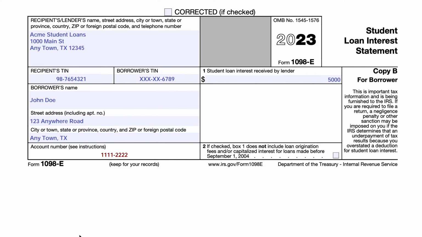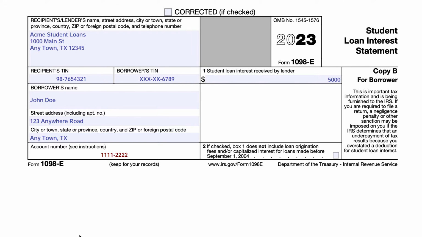The IRS has a specific definition of what a qualified student loan is, but if you obtained any kind of higher education from an accredited institution towards a degree program, a certificate, or to further your education in a broad sense, most of the time that's going to be qualified education. And then if you took out specifically a student loan to pay for that, then you should receive a Form 1098-E.